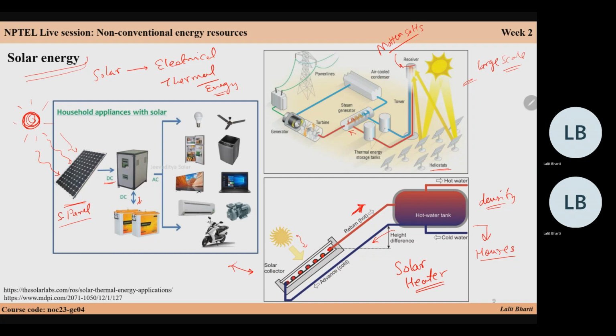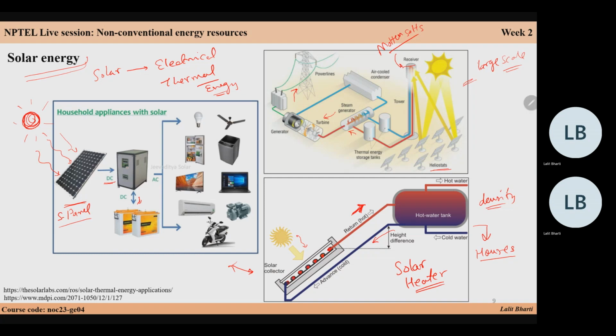and this steam generator will generate steam which will be used to drive the turbine blades. And the turbine is attached with the generator, and the generator will produce electrical energy which will then be provided to power grids for further uses.